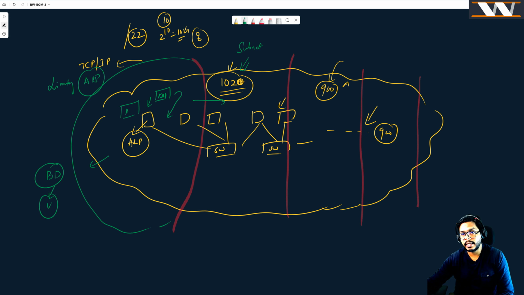Now try to understand, we had a routing puzzle, right? We want to learn routing. We have divided this into 6 pieces. We understood first subnetting, second TCP/IP layering, third ARP.